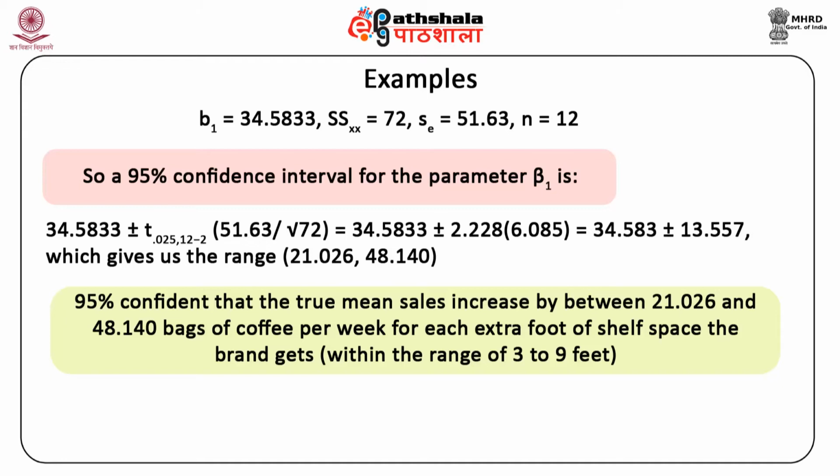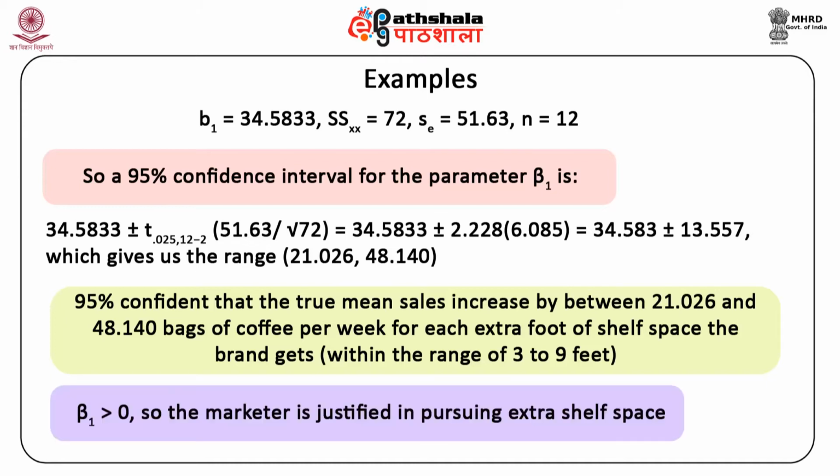Please note that the entire interval is positive, which means basically it is above 0. So we are confident that in fact beta 1 is greater than 0. So the marketeer is justified in pursuing extra shelf space.